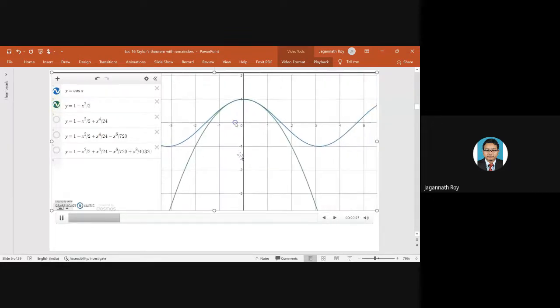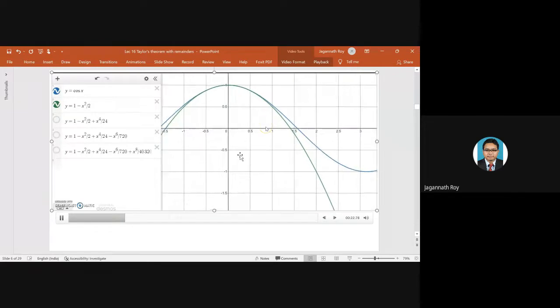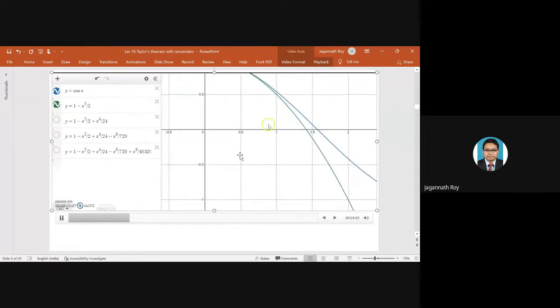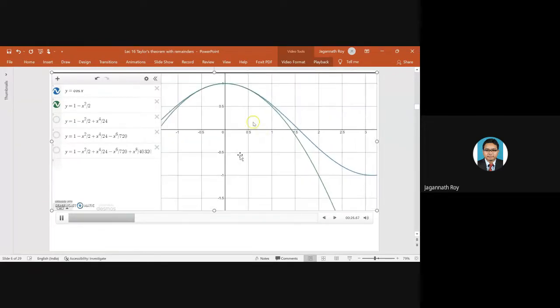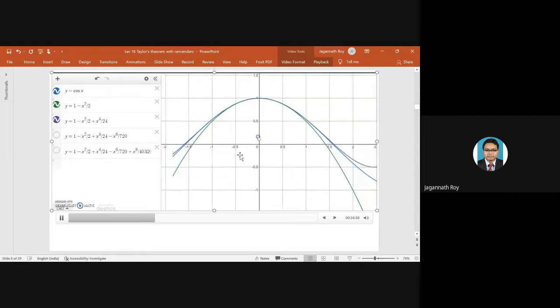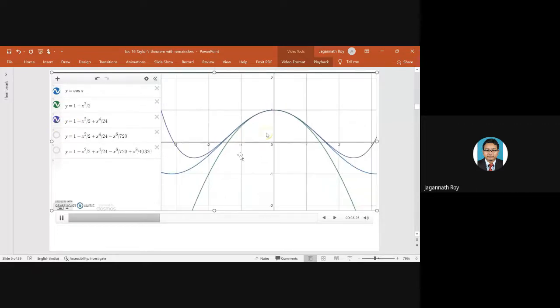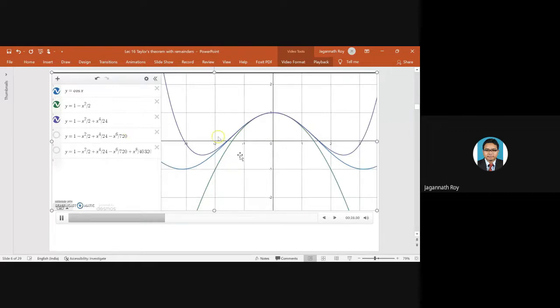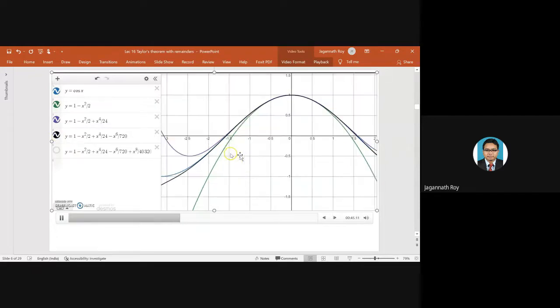It is matching over, for example, minus 1 to 1. At x equals 1, the polynomial P2 has the value 0.5, but cos 1 is 0.543.